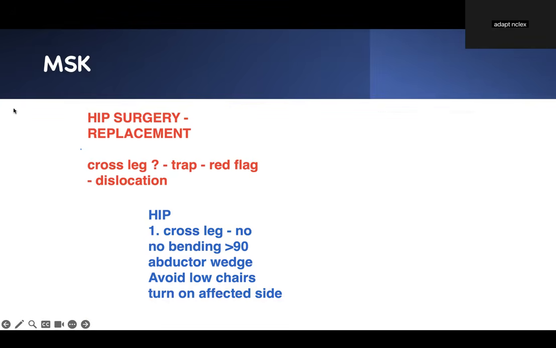We want to prevent dislocation and then prevent DVT. That's why they go home with anticoagulation. You have to know any anticoagulation they give them, and be comfortable teaching it. This is a crash course in musculoskeletal, but these are little ways I can give you all the information so that you can master them.